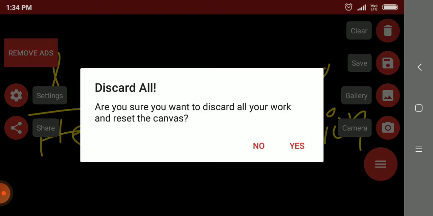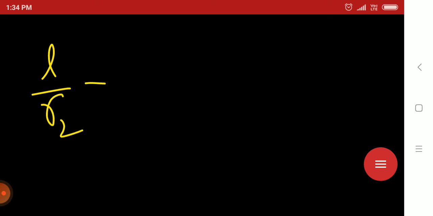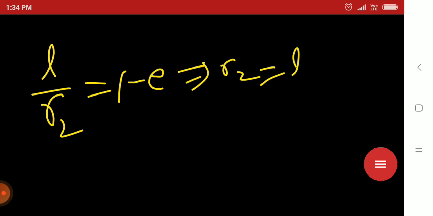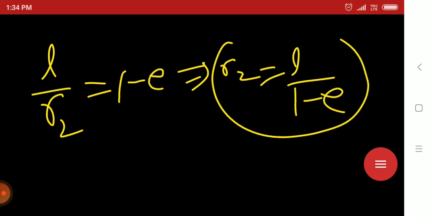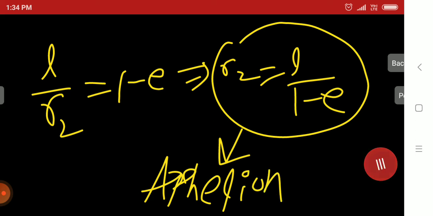And when we get L by R2 equals 1 minus e, so R2 equals L by 1 minus e, this position is known as aphelion. So we have two things.